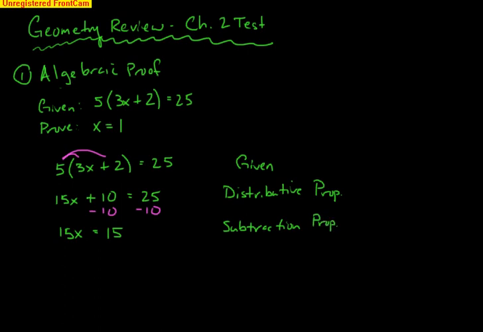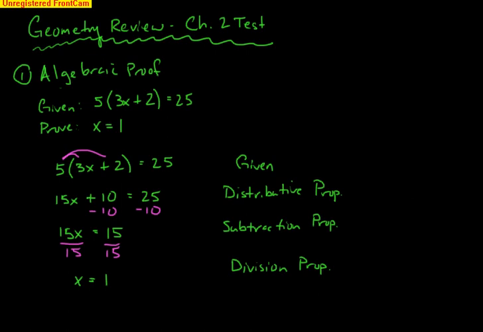And then lastly, you're going to divide both sides by 15. When you do this, you will get x = 1. And your last reason here, what did you do? You divided on both sides, so it's the division property. Alright, and there is the algebraic proof for this review.